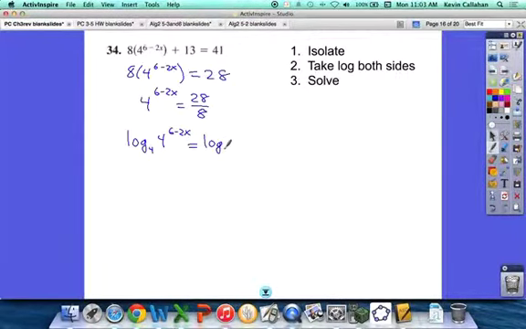Log base 4 of 28 over 8. Right? And now, how does the left side simplify? It's the exponent, right? Because the base of the logarithm equals the base of the exponential, they cancel each other out, and you just have 6 minus 2x. Okay, then you still have to solve, right? You've got to subtract 6, divide by negative 2.